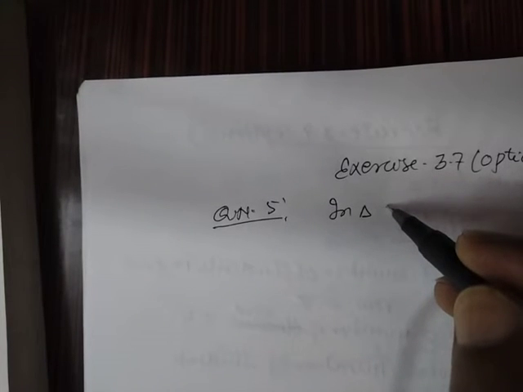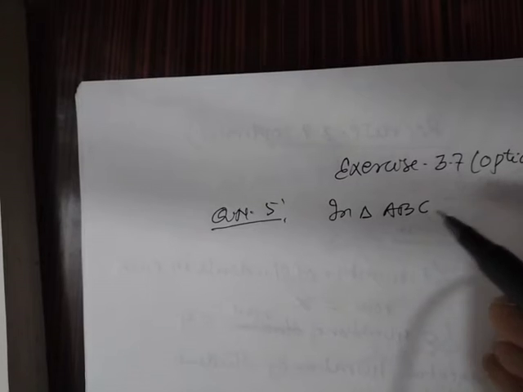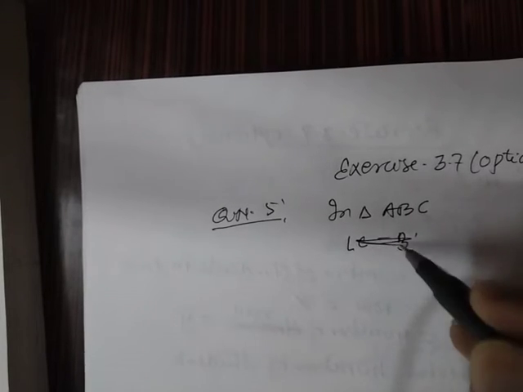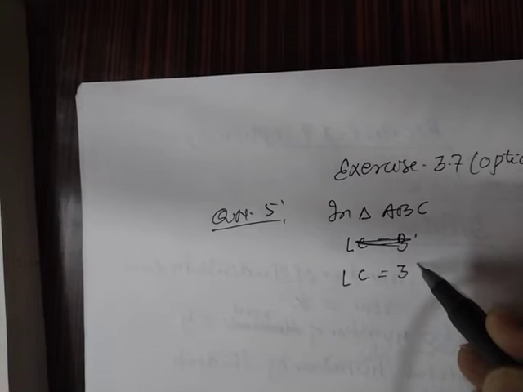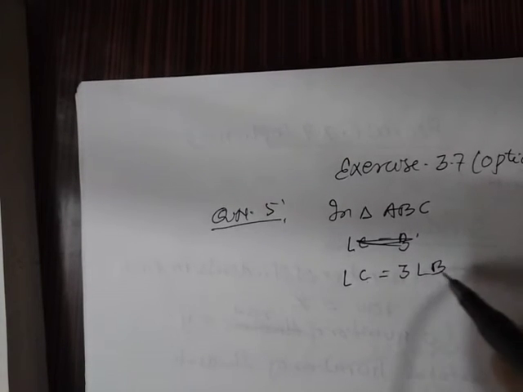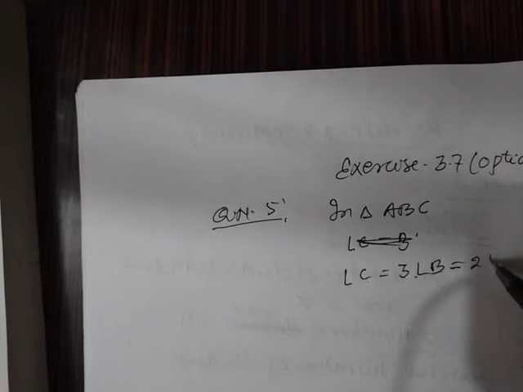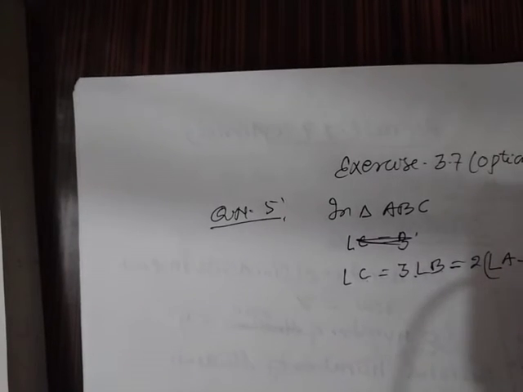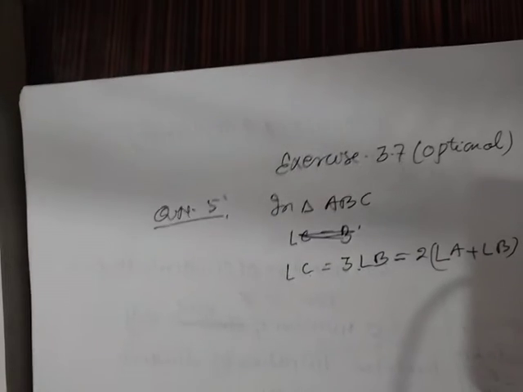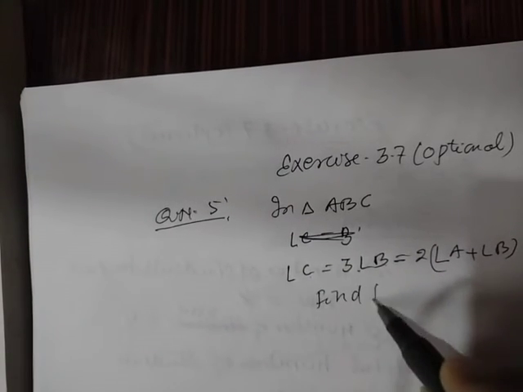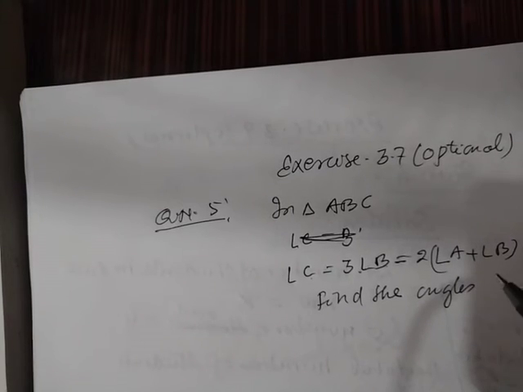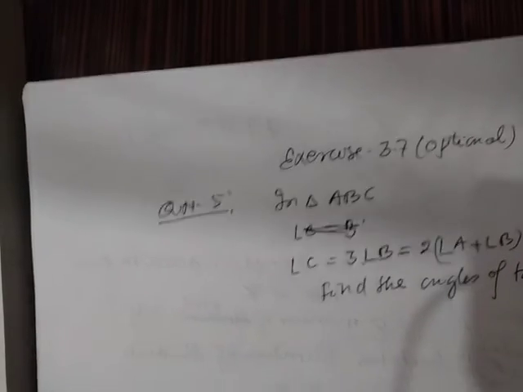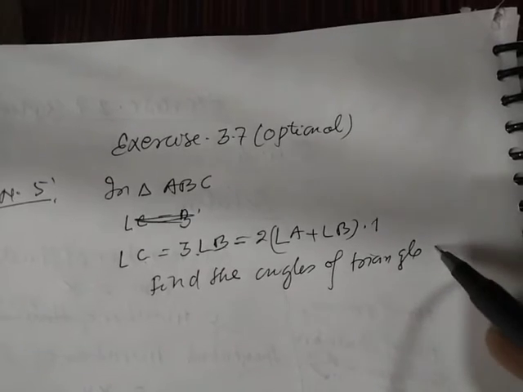In triangle ABC, angle C is equal to thrice angle B, and thrice angle B is equal to twice angle A plus angle B. Then find the angles of triangle ABC.